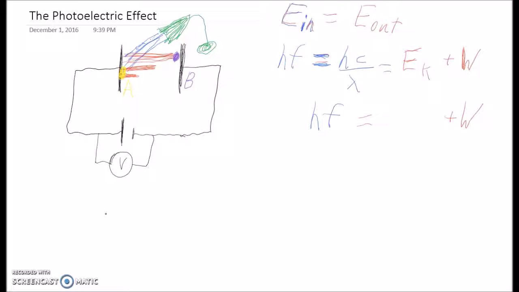Well, EK at point A is the same thing as the potential energy that it has at point B, the electrical potential field energy. Field energy meaning that at point B it's being sucked backwards to point A. Okay, so that field energy is what we call VQ.